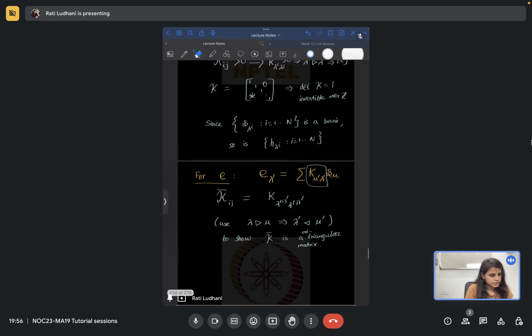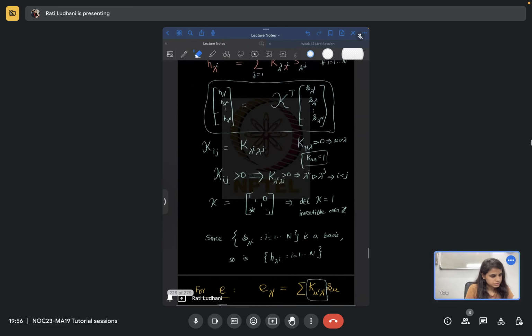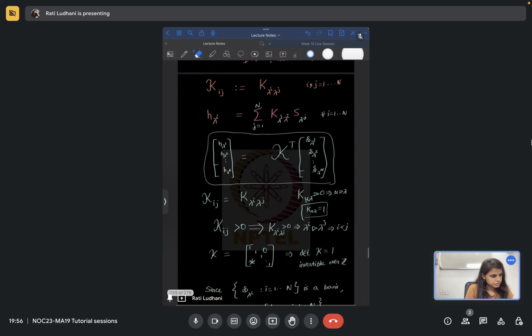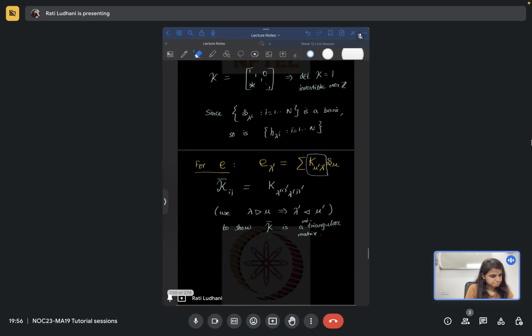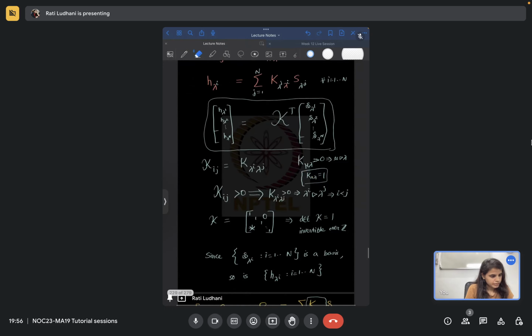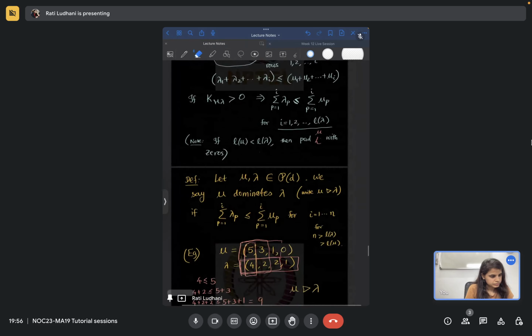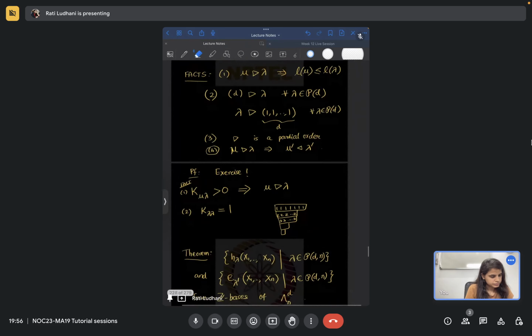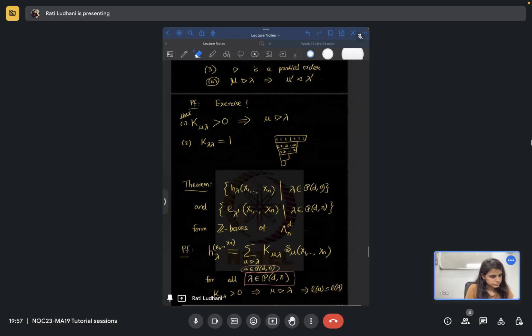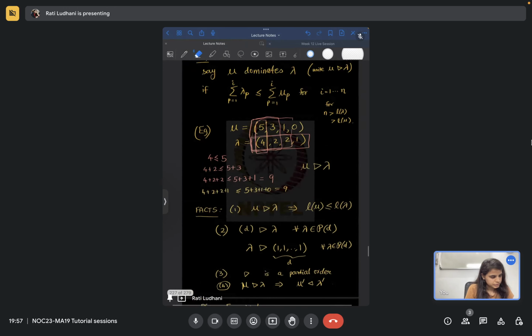Yeah, these are dash, no? So dash is actually what it is doing. Yeah, lambda dash. E lambda dash, right? So it must be here.